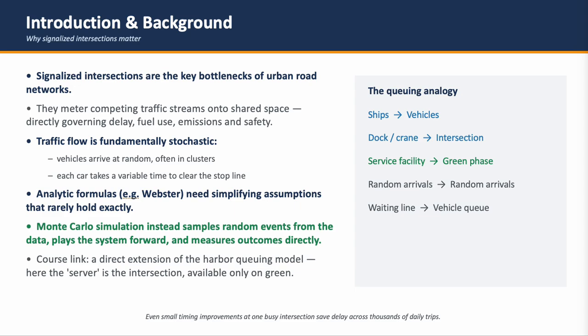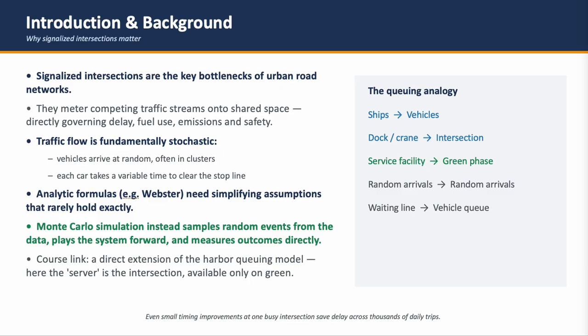They meter competing streams of traffic onto shared road space, so they directly control how much delay drivers experience, how much fuel they burn, emissions, and even safety. That's why even a small improvement in how one busy intersection is timed can add up to real savings across thousands of trips a day.